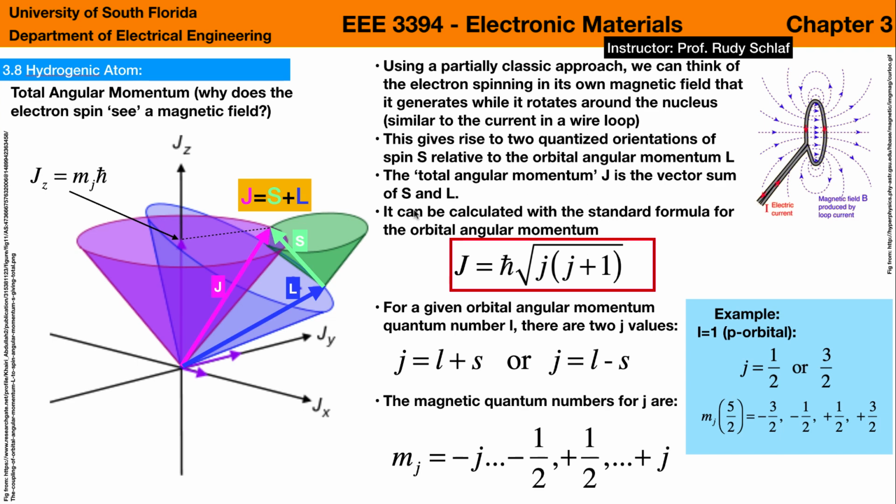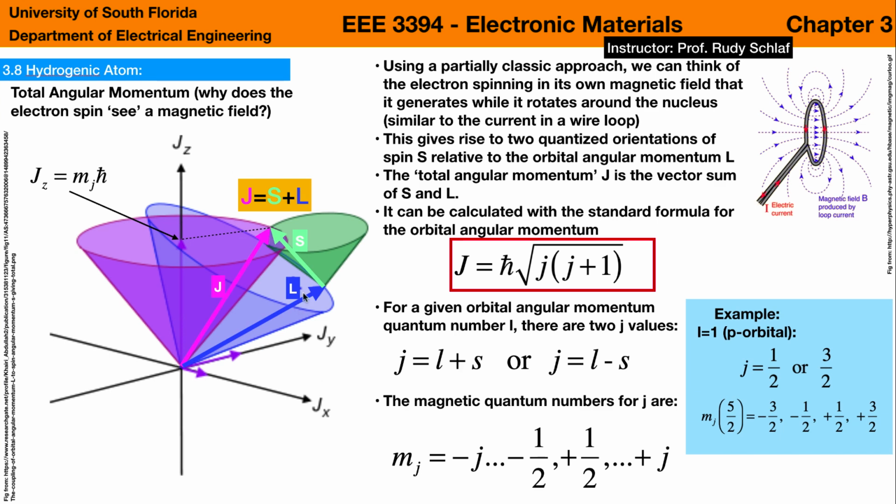Because of this, we can calculate a total angular momentum, which is a combination of L and S. The symbol for the total angular momentum is J, and J is calculated like all the other momenta by multiplying h bar with the square root of the quantum number times the quantum number plus 1. If we want to calculate the total angular momentum, there are 2 possibilities. We can either add the spin or subtract the spin. So we have J is L plus S and J is L minus S.